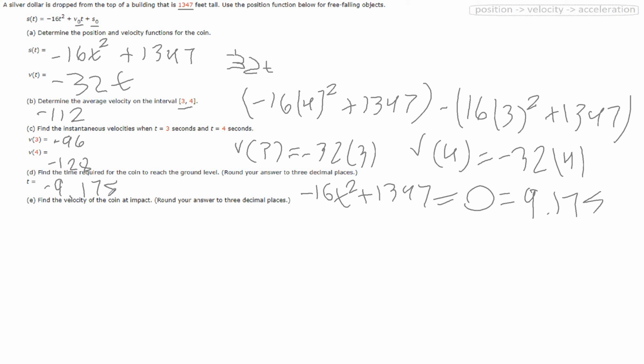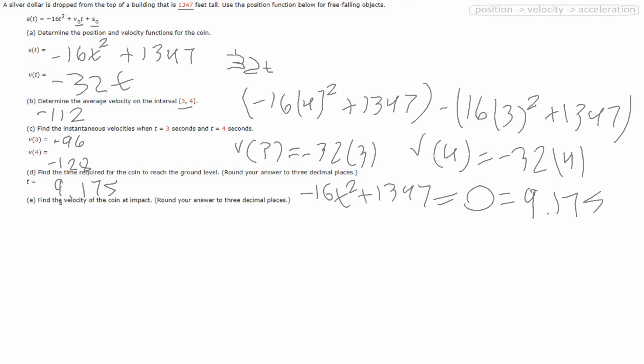Alright, last question. It asks us to find the velocity of the coin at impact.